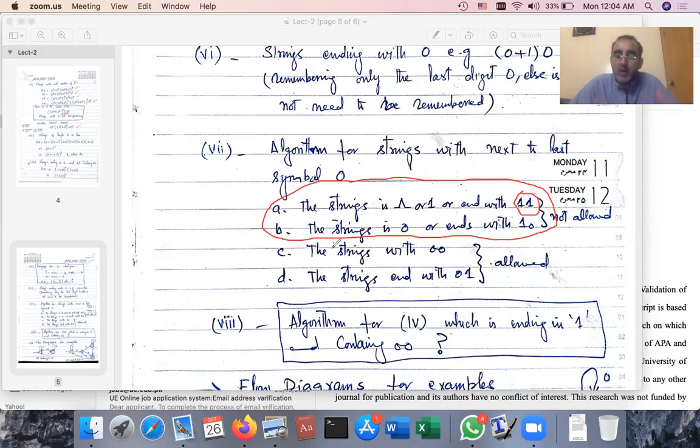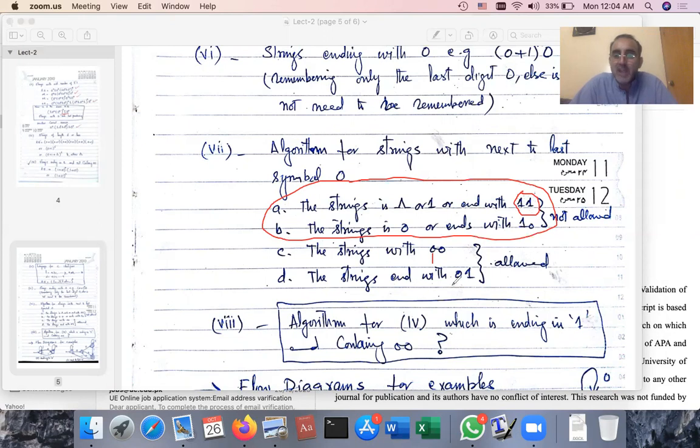Now what are the proper strings? If the string is like this one, 0 0, then the next to last is 0. This one is the last, and this is the one before the last. So this is 0, which is according to the definition of the language, so it is legal.